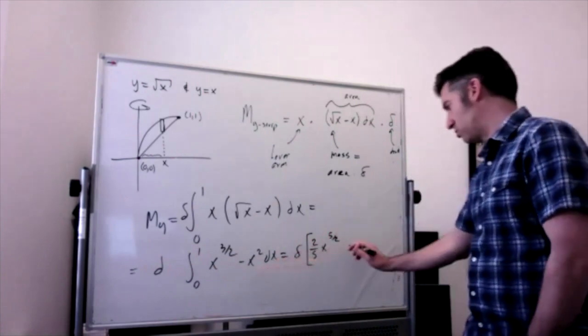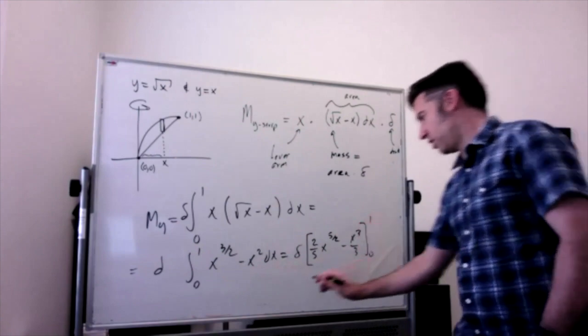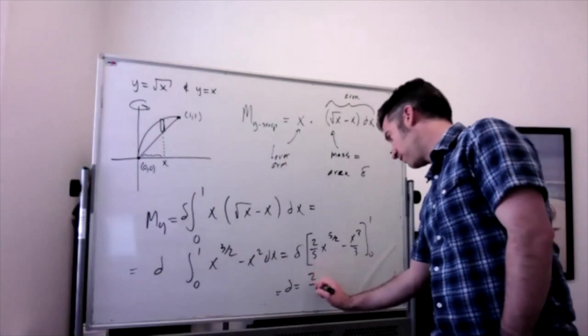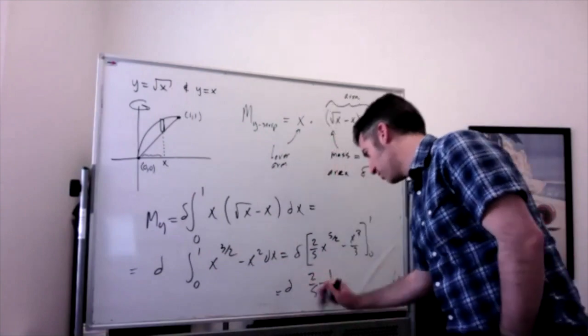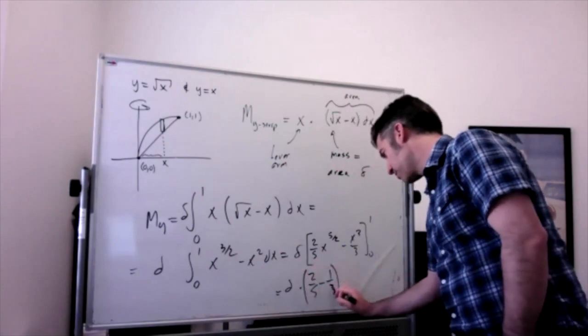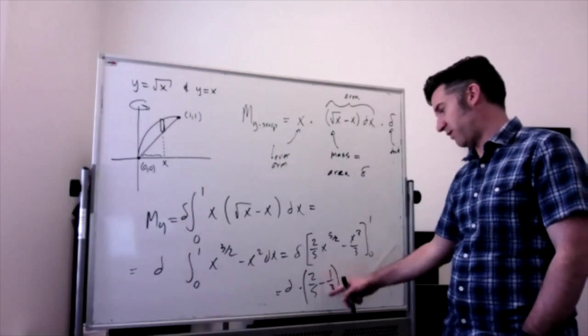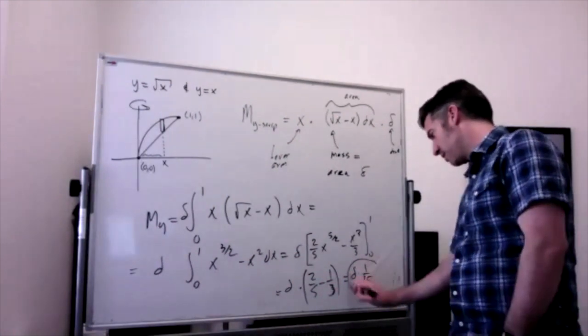This is going to be x cubed over 3 from 0 to 1. So we get 2/5 minus 1/3. Gosh, my notation today is really not excellent. And 2/5 minus 1/3 is, let's see, 6/15 minus 5/15 is 1/15. So we get delta times 1/15.